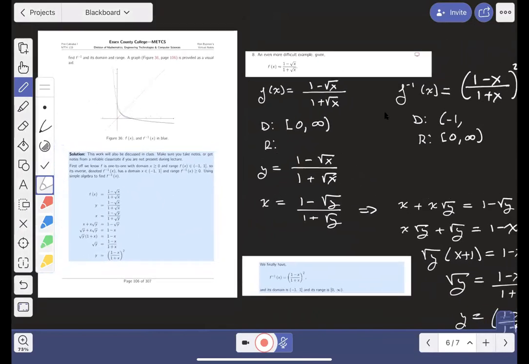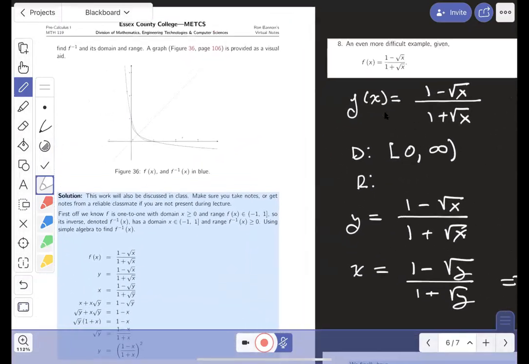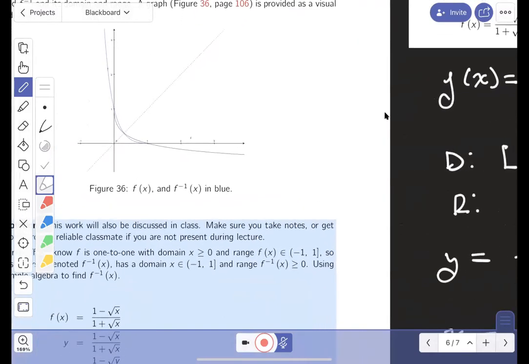So I'm looking at the picture over here. And someone says, where's -1? I want to point it out to you. It's over here. If you look at this picture, this blue curve is asymptotic with the number -1. And I'm looking at it, and the blue curve appears to be stopping at 1.